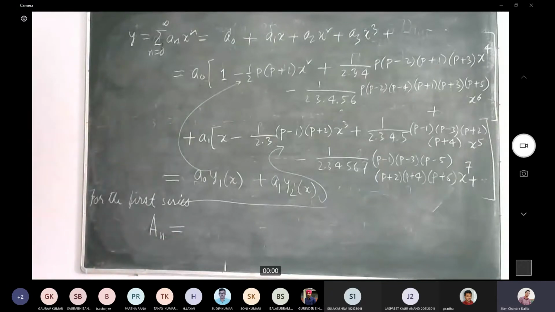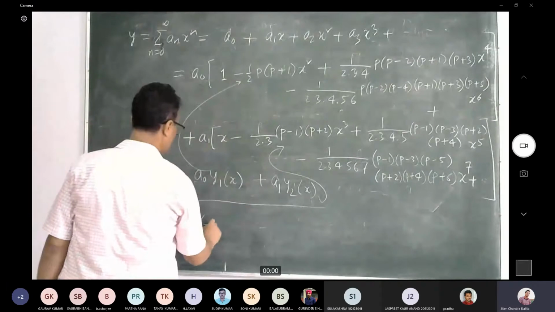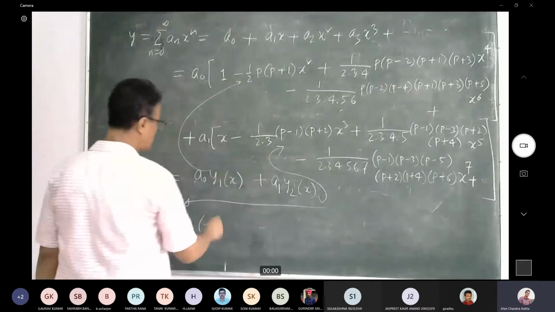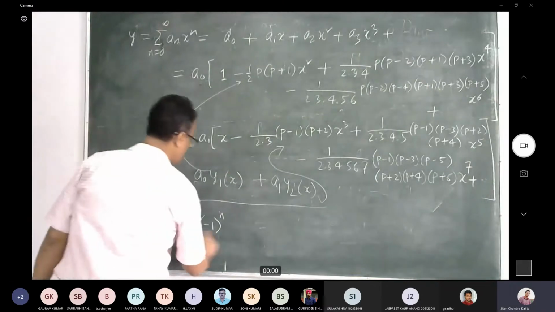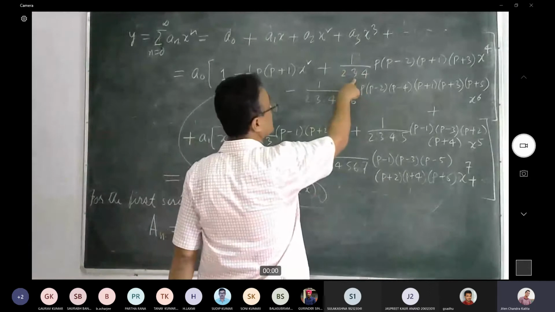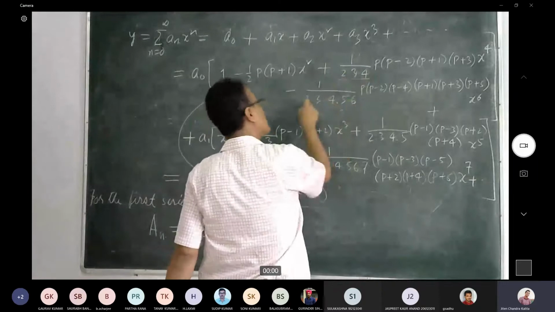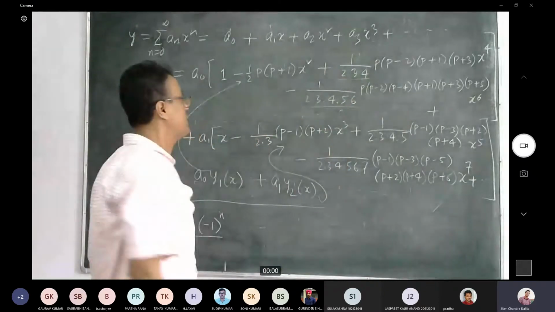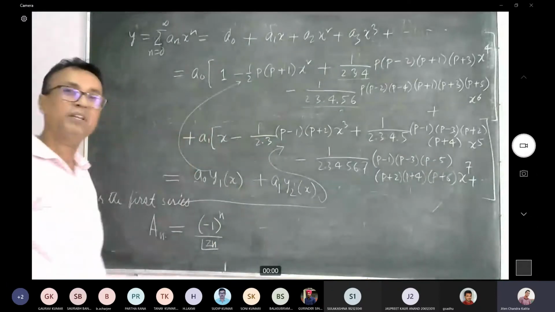If I start from n equal to 0, obviously this is going to give me minus 1 to the power n, and then if I consider these to be corresponding to n equal to 2, or these to be corresponding to n equal to 3, so obviously this is factorial 2n. Is it okay with everybody?